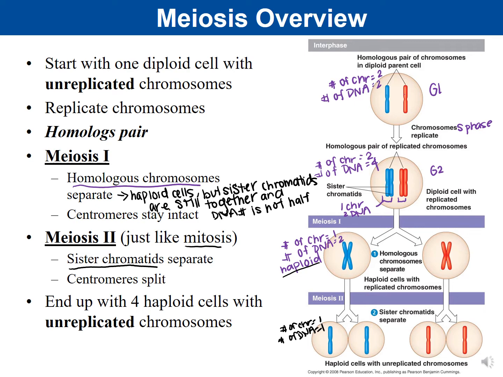We end up with haploid cells, but they're still duplicated. So we have to go through meiosis 2 to split those duplicated sister chromatids. And so again, this is why meiosis 2 is going to be like mitosis, because mitosis is also going to split sister chromatids. And so this is just an overview of what happens in meiosis.